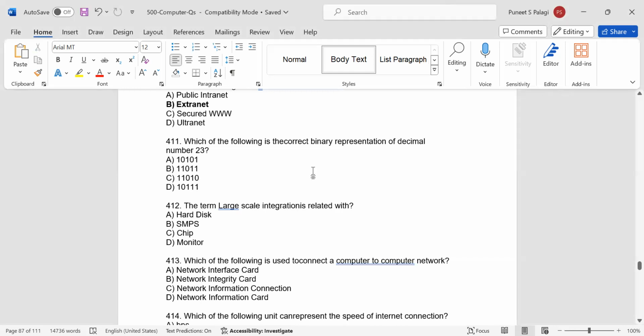You have to do the calculation, do the conversion from decimal to binary. So it is 10111. That is option D.